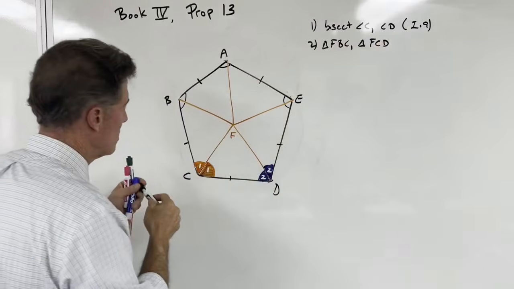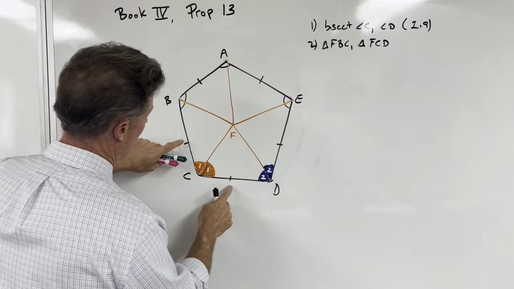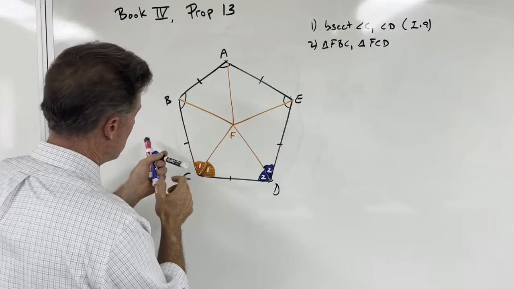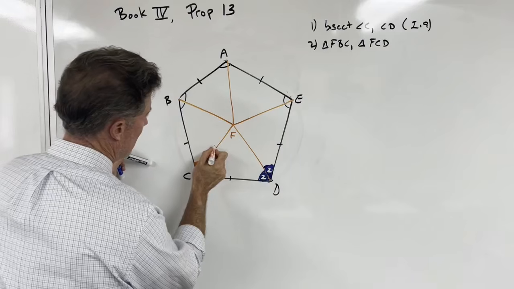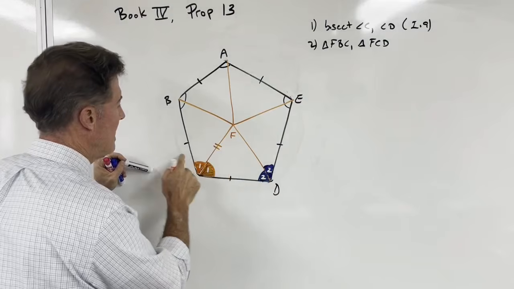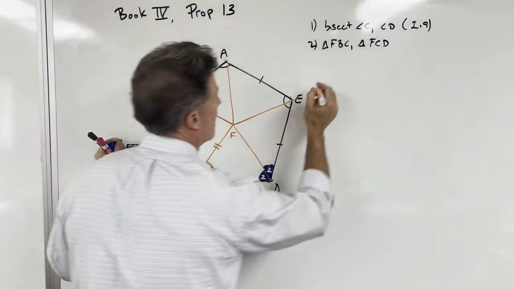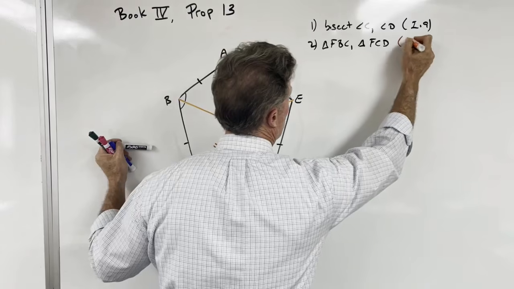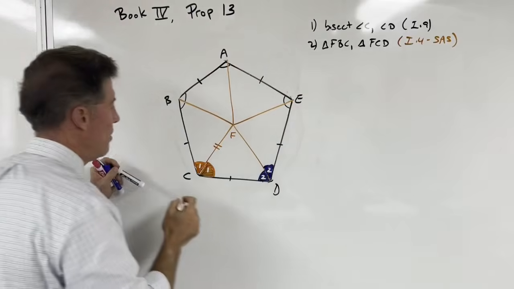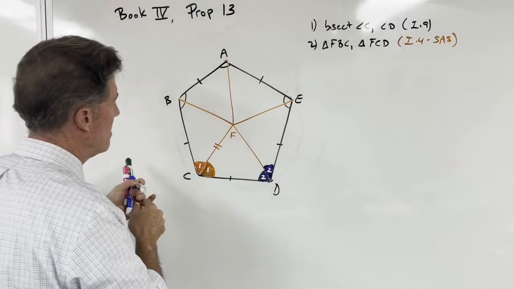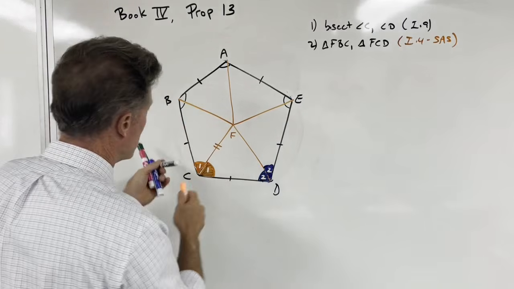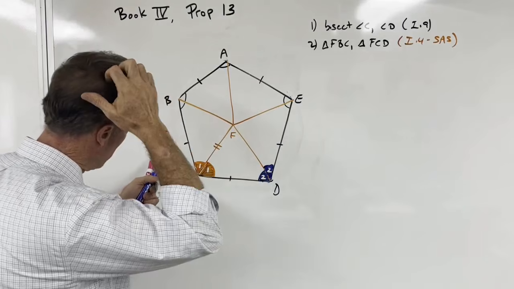In these 2 triangles, we can see that we have a line equal to a line, an angle equal to an angle, and you should be able to see that they have this line in common. So we have side angle side equal to side angle side. So using Book 1, Prop 4, our side angle side, we can show that the third side is equal to the third side, and all the corresponding angles are equal to one another.